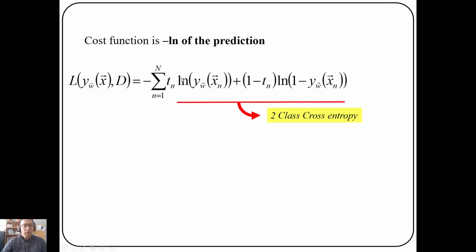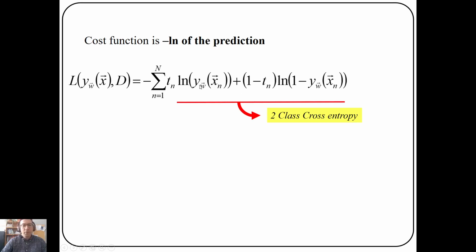So at the end, this is 0. That gives you a loss of 0, at least for this n example. And if, on the other hand, the correct class is 0, then 0 times this cancels out, plus 1 minus 0, which is 1. And if the output of your system is also 0, you'll have log of 1 minus 0. So again, you'll have log of 1. And the log of 1 is 0.